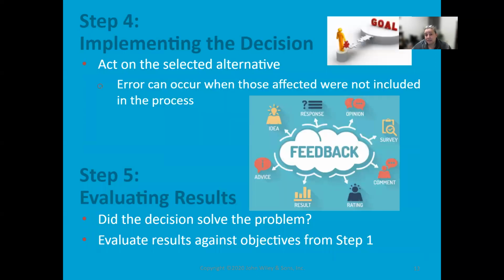So then we implement our decision. We act on whatever it is we decided, lay down that puzzle piece that needs to fit in there. Something, like I mentioned before, an error that can really occur in a lot of decisions that have been made is when those affected have not been included in the process.